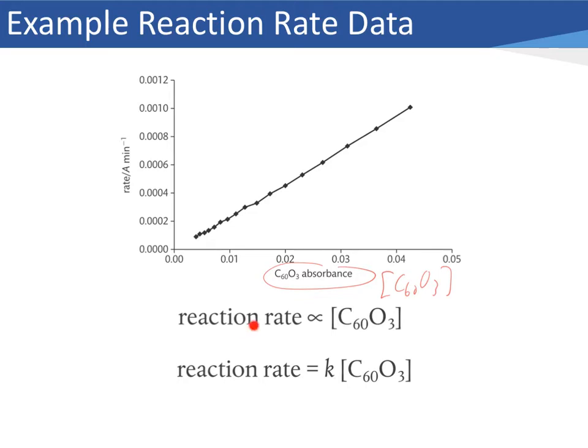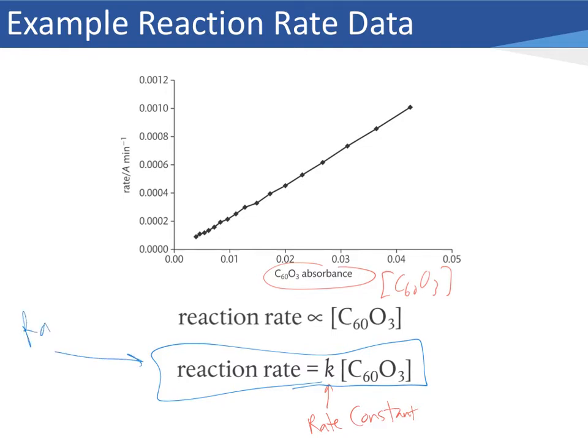And so, if the rate is proportional to the concentration, then we can say reaction rate is equal to some constant k times the concentration. This k is called the rate constant, and this is called the rate expression.